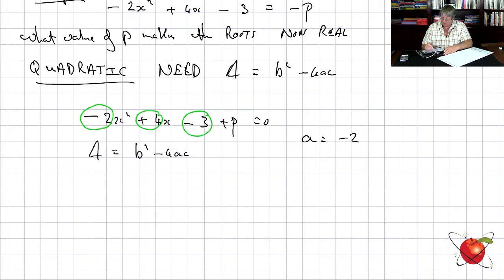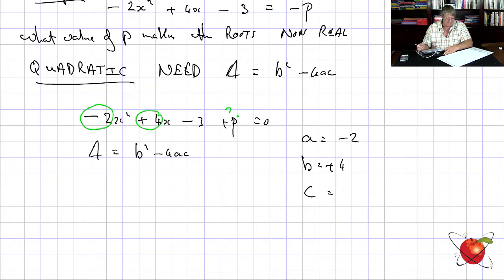But hold on. What about that? We'll get to that. Let's just put down first of all what B is. B is plus 4. C, hang on. C is minus 3.